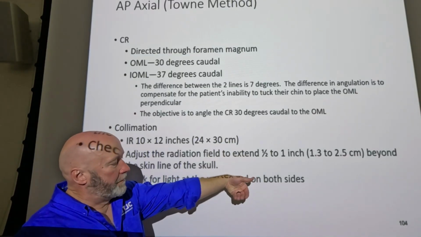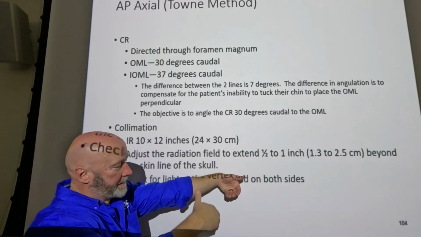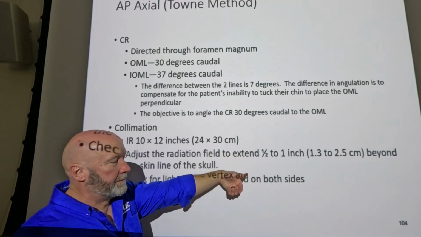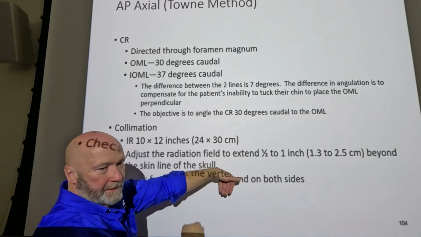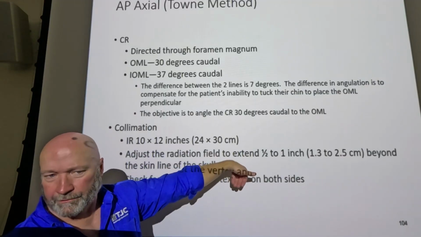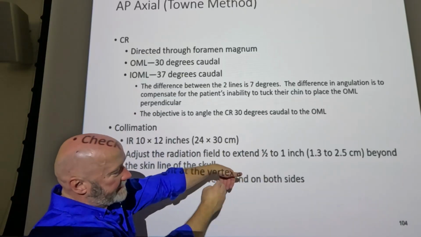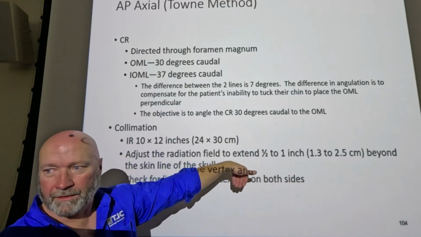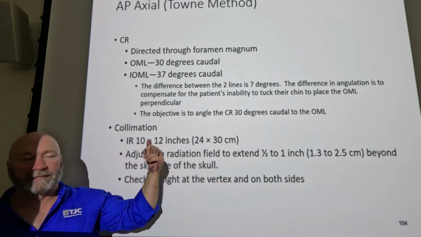So in order to see this and be able to visualize that potential basilar skull fracture, what we would need to do is angle so that the central ray is more perpendicular to that. We can't really move the patient's head, especially if they're in a trauma, but we can angle the central ray until we can see that a lot better. And that's the purpose for the Townes, is to see the occipital bone.